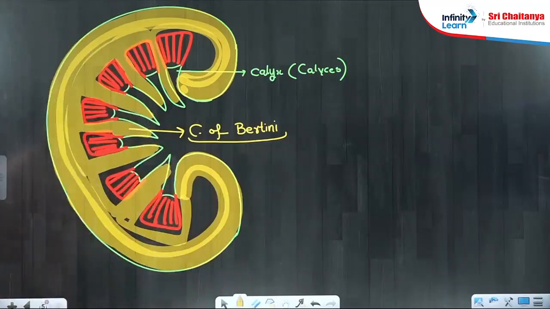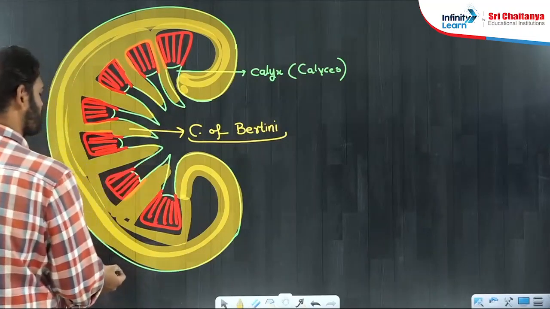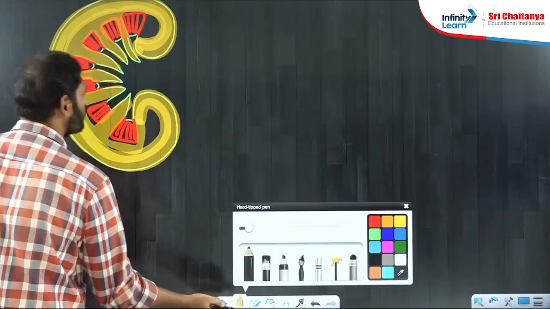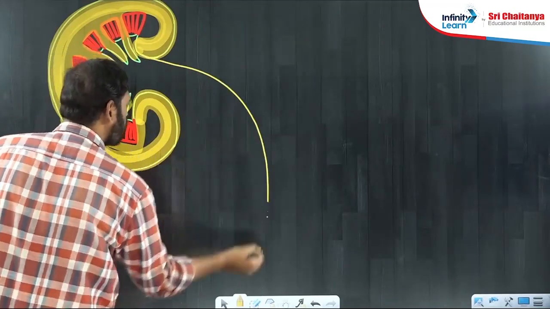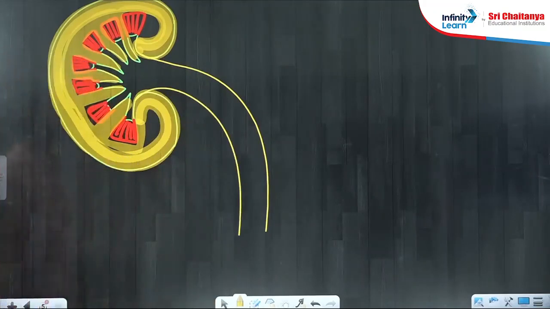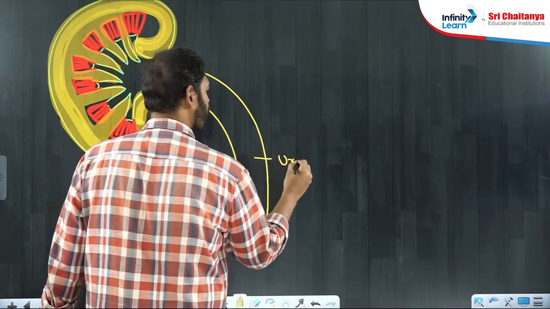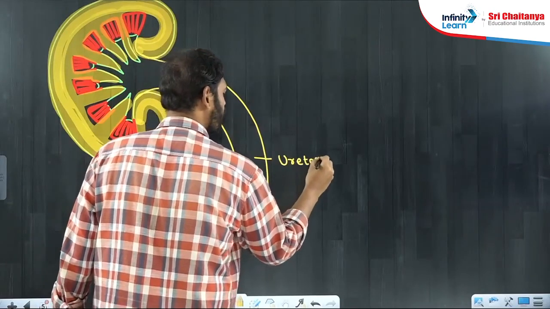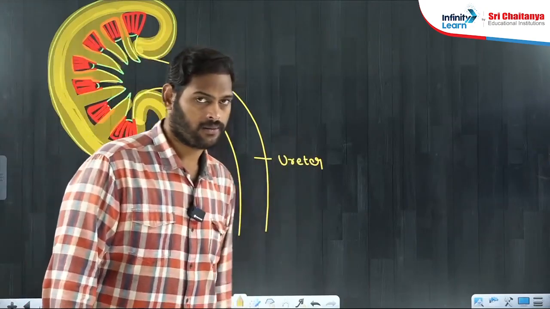Now, the renal pelvis goes out as the ureter.